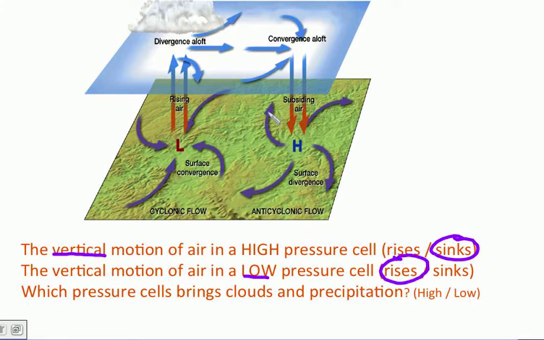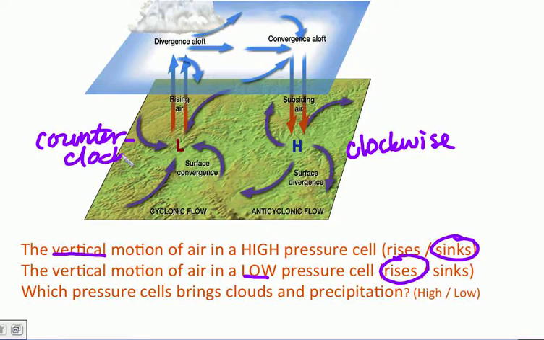The nice outward motion of the air in the high pressure going clockwise, and the nice motion of the low pressure going in and counterclockwise. Now the type of pressure system that typically has clouds and rain, again looking at our diagram, we can see this cloud is forming above low pressure, which is the most common pressure system to bring precipitation.